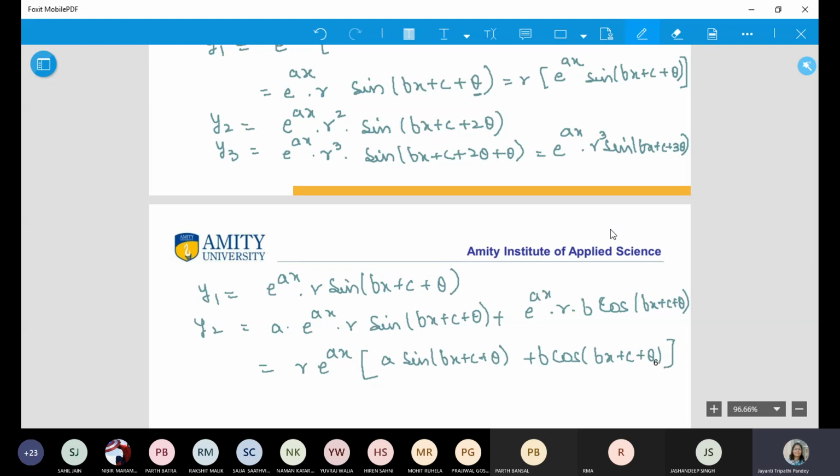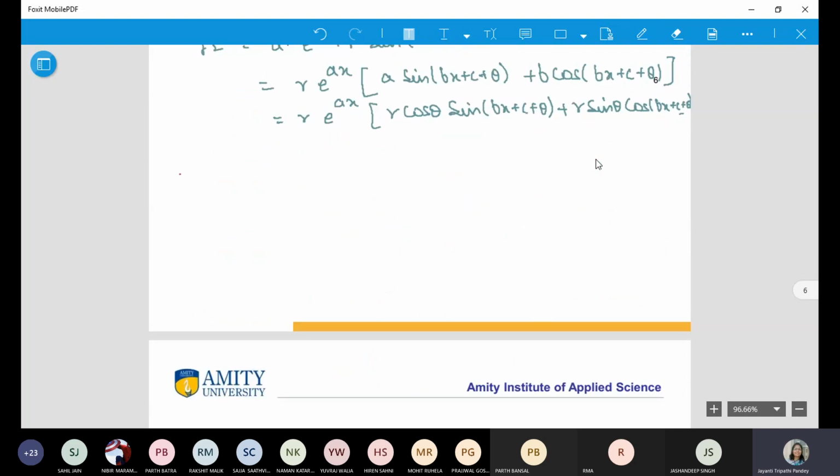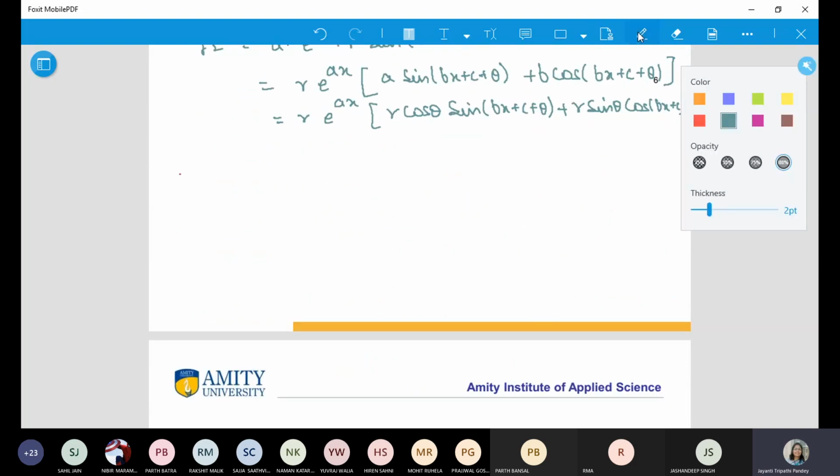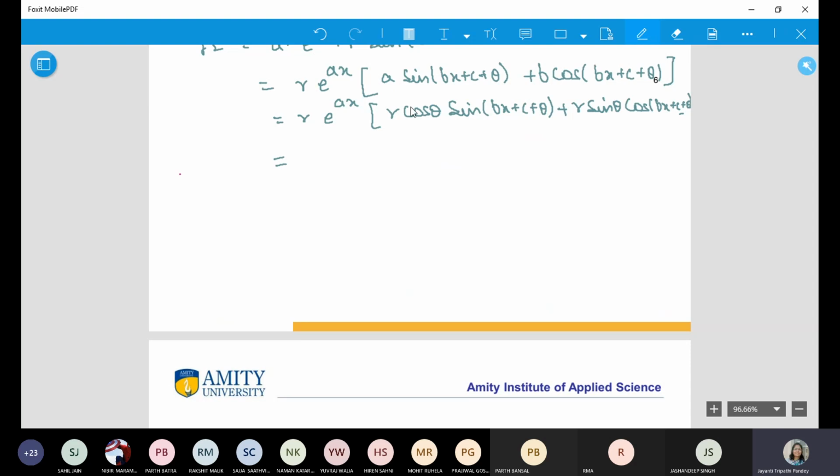Now do the same substitution that we did in the previous part. This is r. Now what is coming out? One r from this side. So you are getting r square e to the power ax cos theta sin b, sin theta cos b.